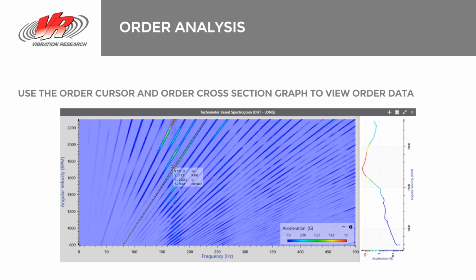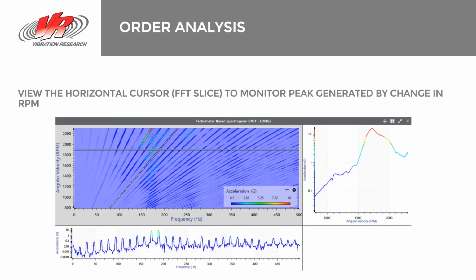I can also look at the FFT slice that is associated with a particular RPM. So here I have on the bottom an acceleration versus frequency plot, and on the right-hand side, my acceleration versus RPM plot that are color mapped with the same colors that I have in my spectrogram for ease of viewing, reporting, and it just makes it relatively simple to understand and see.